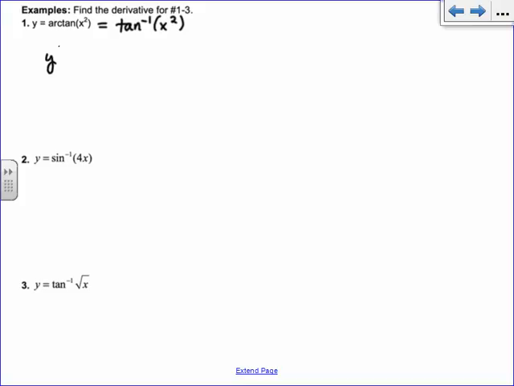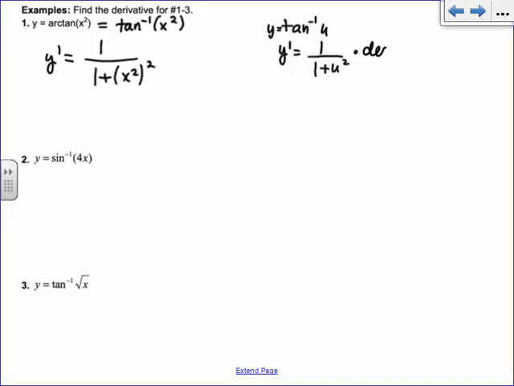All right, so if I'm taking the derivative of inverse tangent of u, I just said on the other page that it's 1 over 1 plus u squared. Okay, that's my formula. So I'm going to have 1 over 1 plus x squared squared. But then I always need to multiply by the derivative of u, the chain rule.